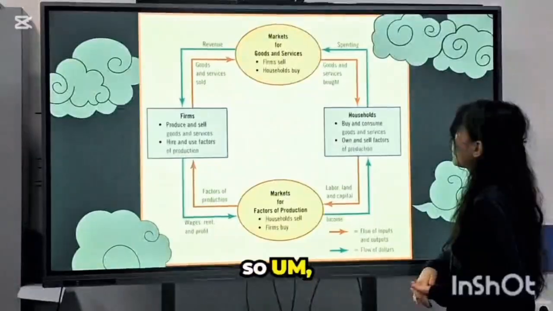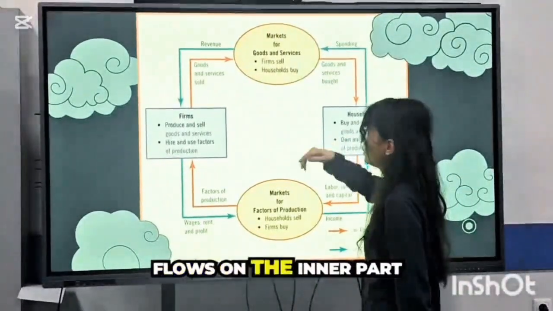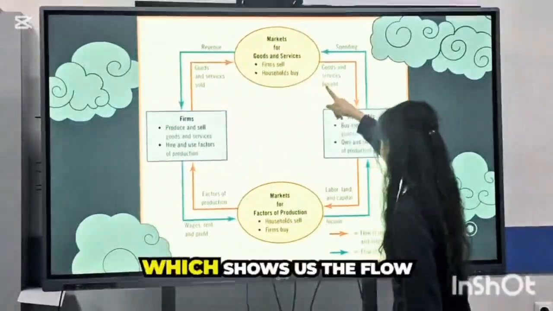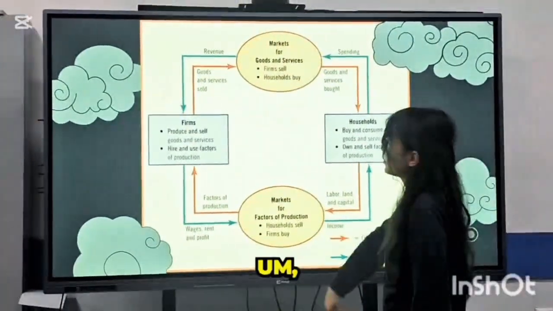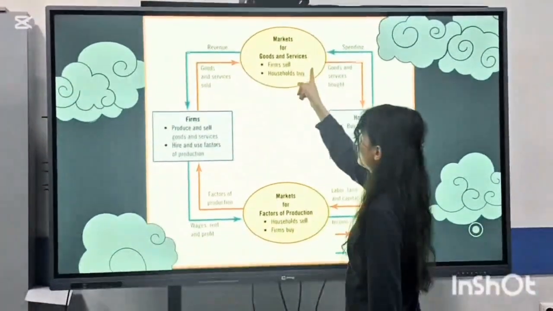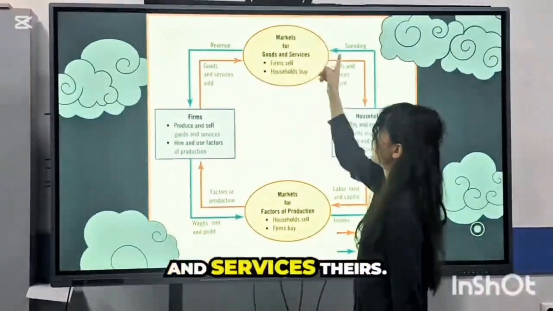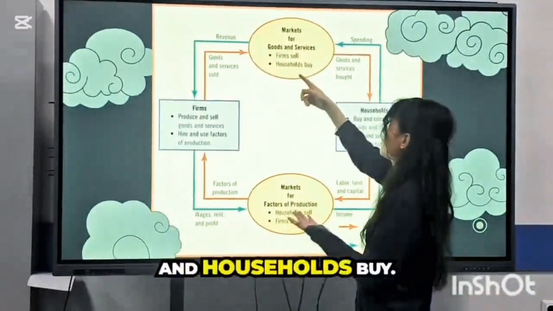As you can see, the money flows on the inner part, which shows us the flow of inputs and outputs. Firms sell their goods and services in the markets for goods and services. There you can see firms sell and households buy.